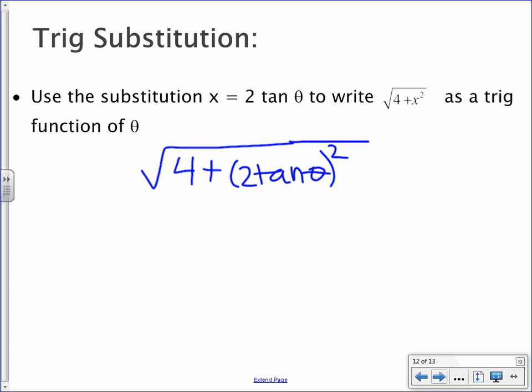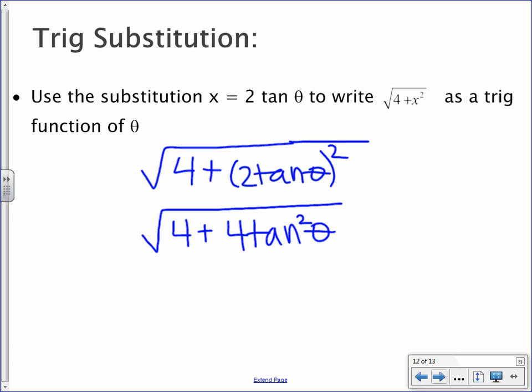Now x is being squared. So this becomes 4 tangent squared theta.